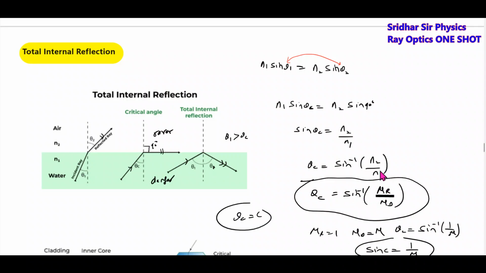N2 is the refractive index of the rarer medium, and N1 is the refractive index of the denser medium. Mu r equal to 1, mu d let it be mu. Then the critical angle formula will be sine inverse of 1 by mu, or sine c equal to 1 by mu. The ray will get totally internally reflected. No refracted ray in this medium. All the energy will be reflected back. This is called total internal reflection.